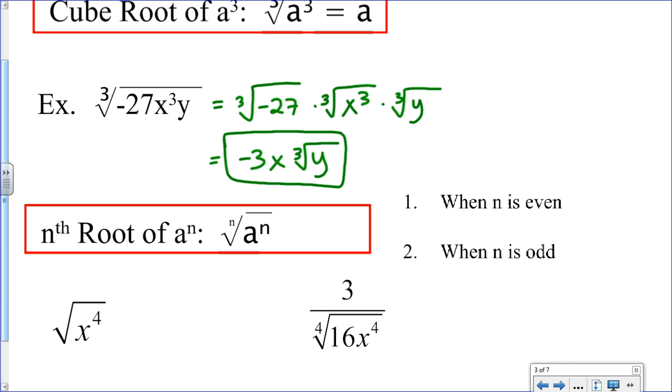Okay, so when n is even, then, like square roots, it's the absolute value of A. I'm only getting positive roots here, positive numbers. When n is odd, so cube root, fifth root, seventh root, it can be positive or negative just depending on what A is.